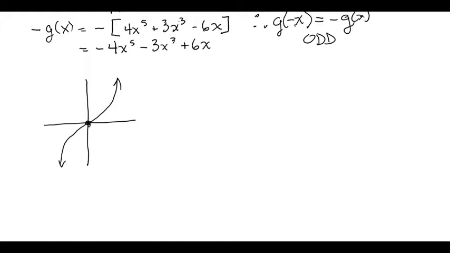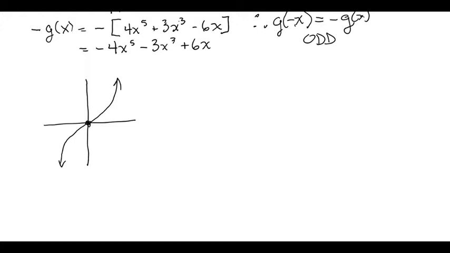The origin would act as the rotation point. So if we held this point down and we spun like a spinner, this arm would spin directly onto this arm in an angle of 180 degrees. And so therefore, this particular graph that I have drawn here is rotationally symmetric about the origin.